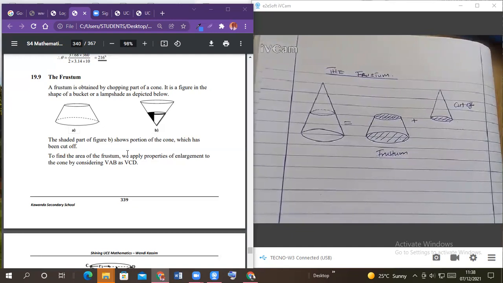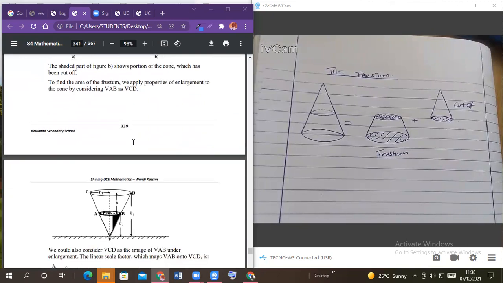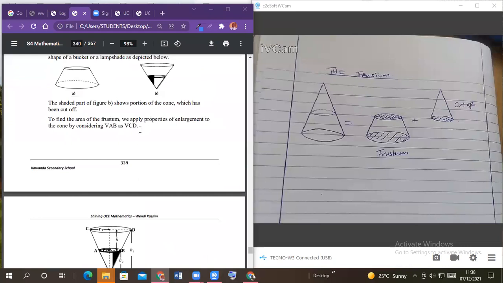To find the area, we apply the laws or the properties of enlargement of the cone. I don't know whether I looked at enlargement, but I think you did. So that's what we are going to deal with here: the linear scale factor, the area scale factor, the volume scale factor if you're looking at volume.